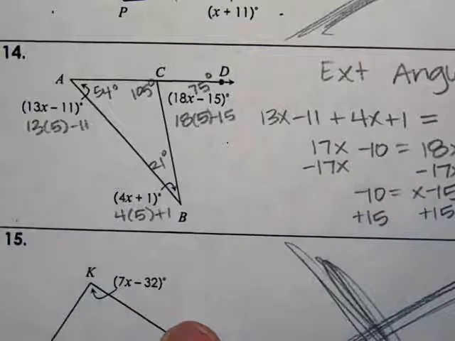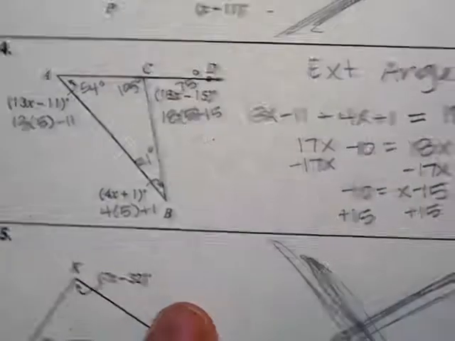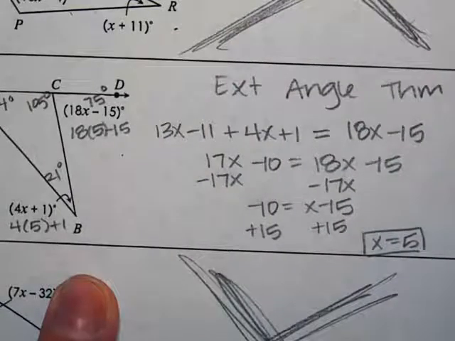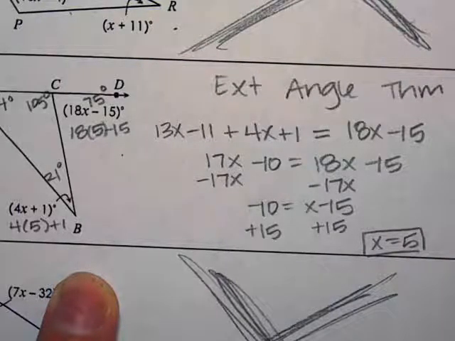So x equals 5. CAB 54. ABC 21. ACB 105. DCB 75. Okay.